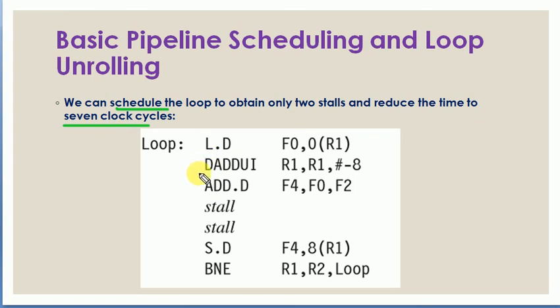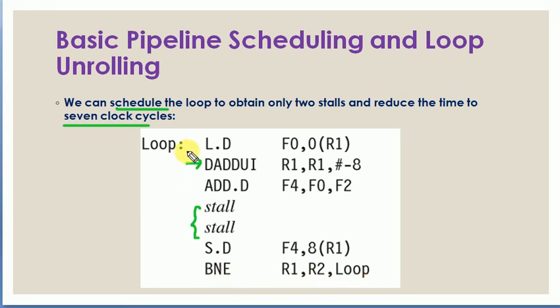So the compiler will automatically move this instruction over here, and there is no stall between these two, and no stall between these two. Then we are doing add, then we are doing the store operation. Here you can see there are 2 stalls between add and store. Then apply the branching condition, branch on not equal to R1 comma R2 loop.